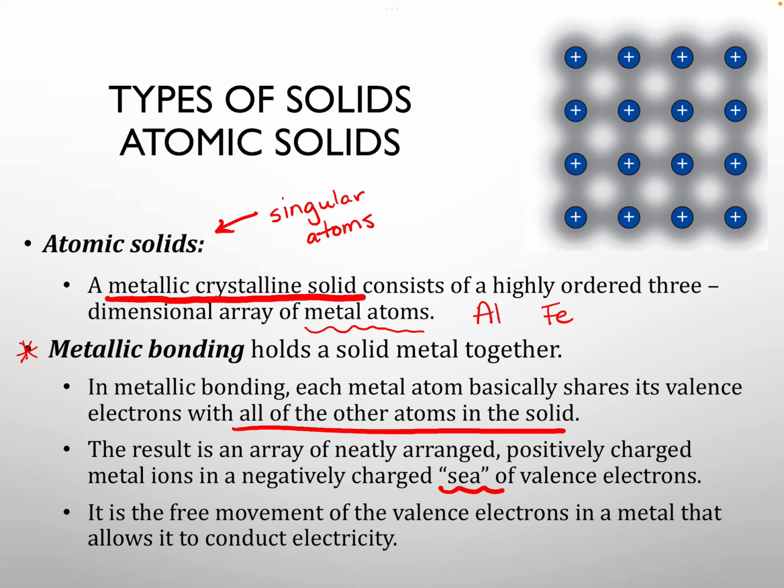But the cool thing is, it's this free movement of the electrons that is why metals conduct electricity so well, because they already have electrons flowing. And that's what electricity is, flowing electrons. So our metals have a bunch of cations with electrons floating around, so they can conduct electricity well, because the electrons in the electricity just jump from metal cation to metal cation and travel through the metal.